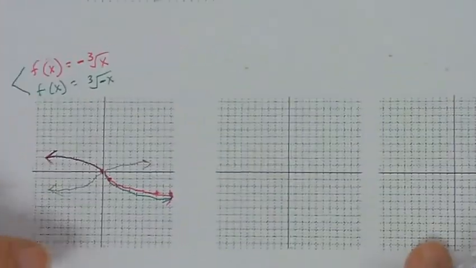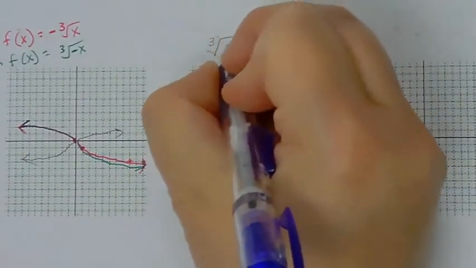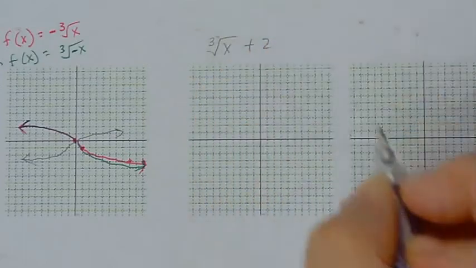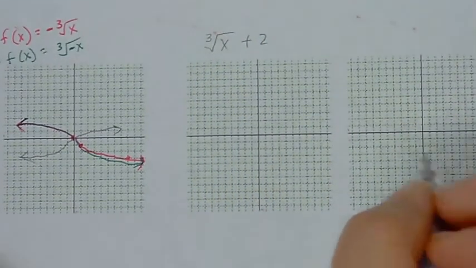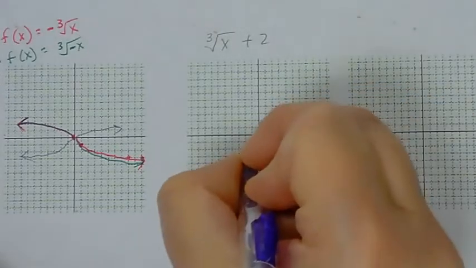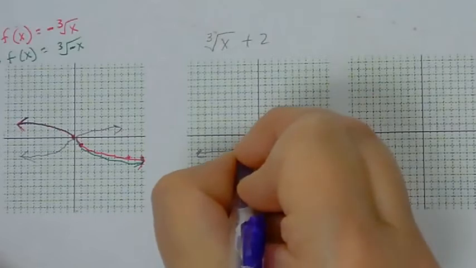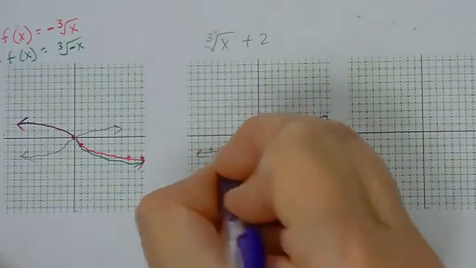Let's do another one. Let's do the cube root of x add 2. Well, let's remember what the cube root of x looks like. It looks like this, where it goes through 1, 1, 8, 2, negative 1, negative 1, negative 8, negative 2.